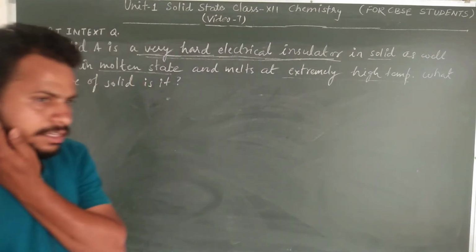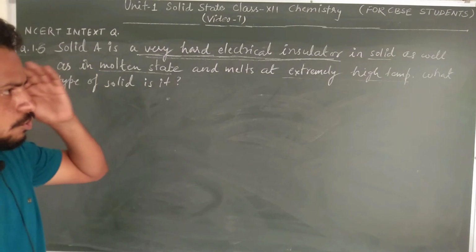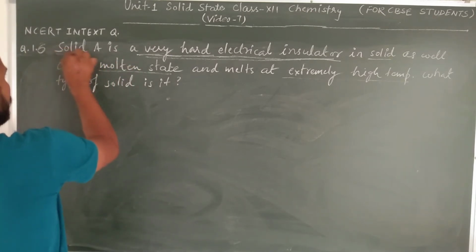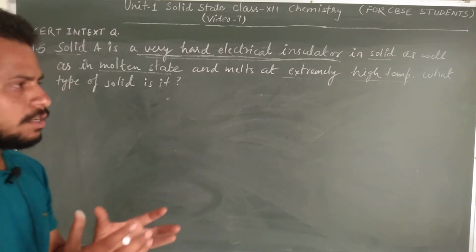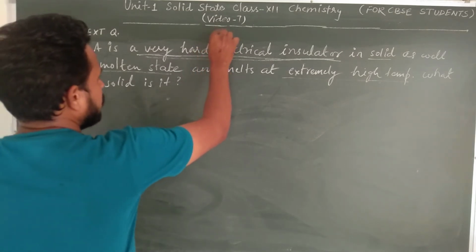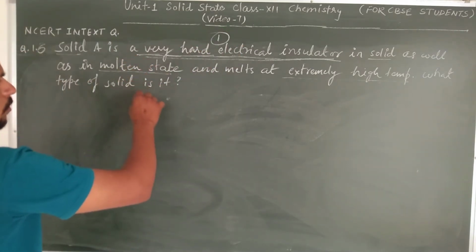So there are three things which are very important in this question. Let's suppose solid A is a solid, and some properties exist in the question. So the first property is this, and the second property is this.